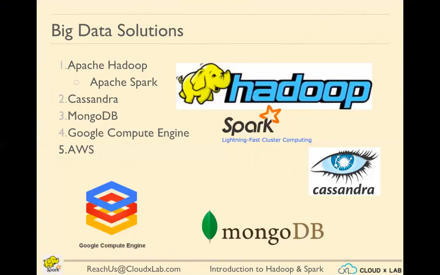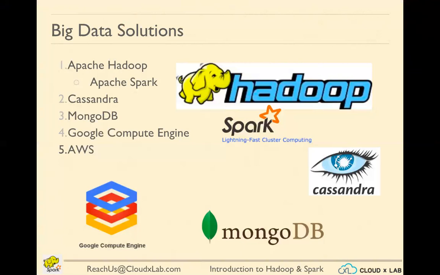Question from Inma is, can't we use Hadoop and Spark on any cloud-based hosted infrastructure? Of course you can. As a matter of fact, CloudxLab is hosted on AWS. That's right.